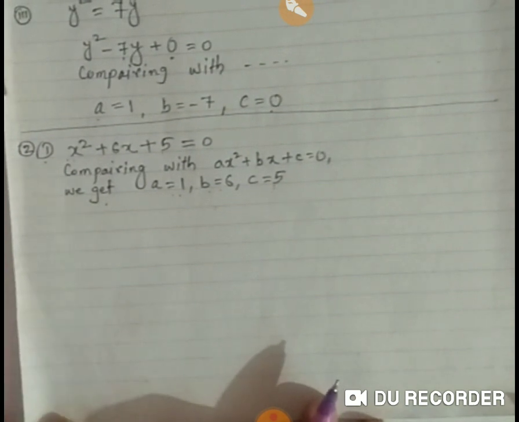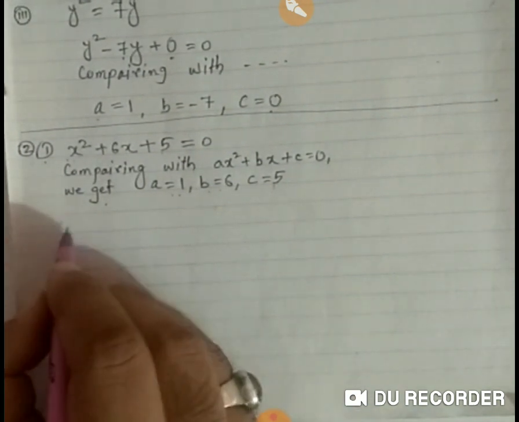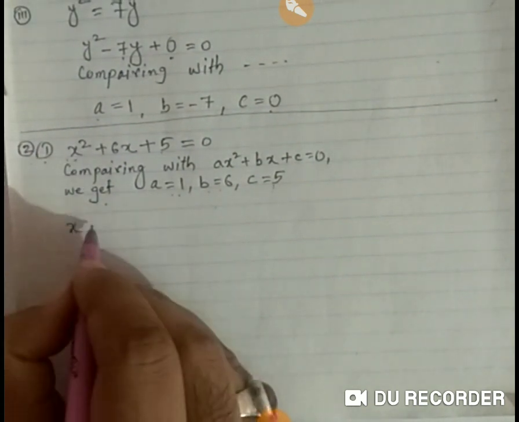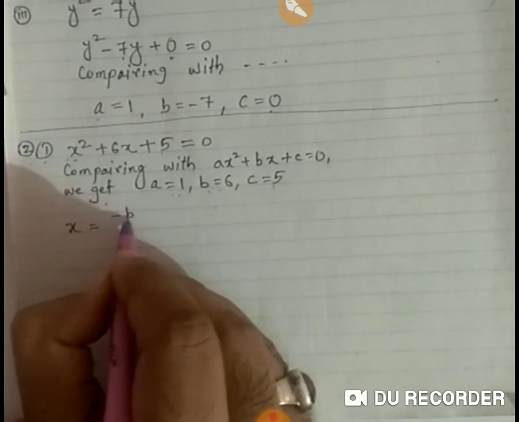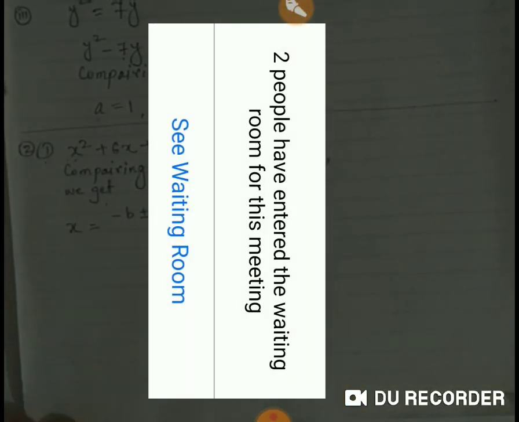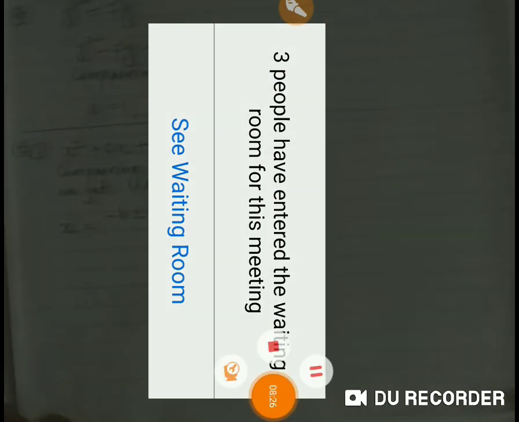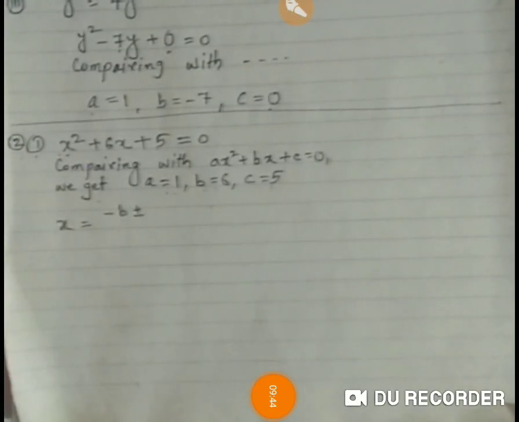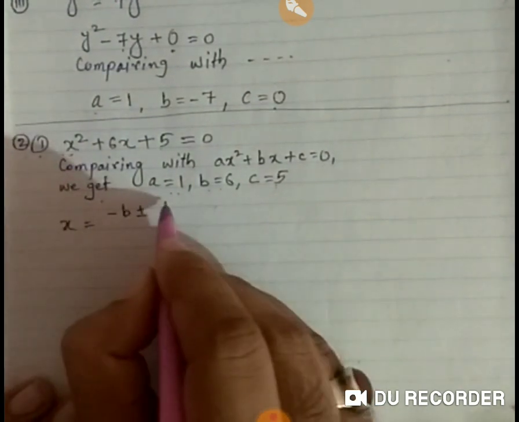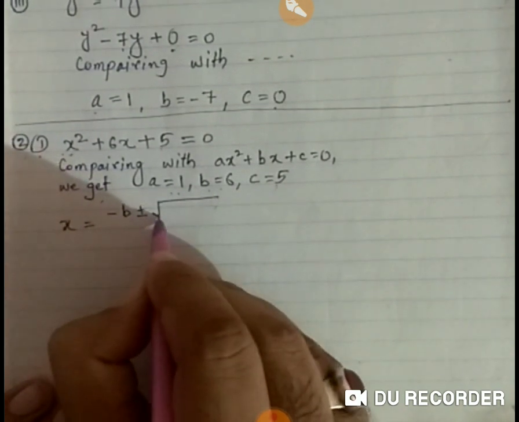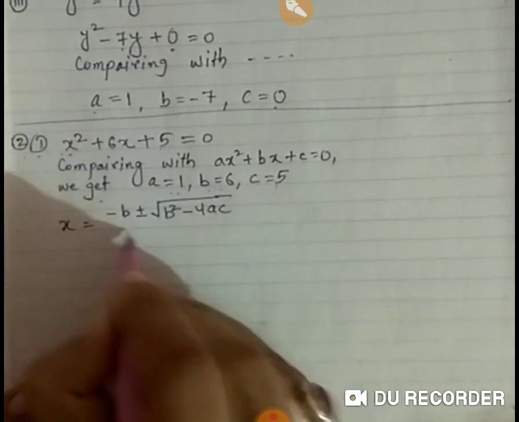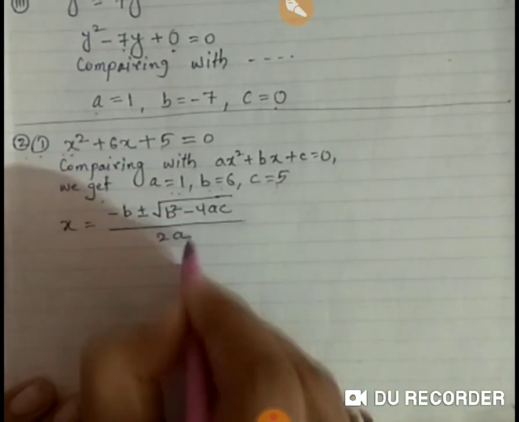Now the formula. Here the variable is x. So x equals to minus b plus minus root of b square minus 4ac upon 2a.